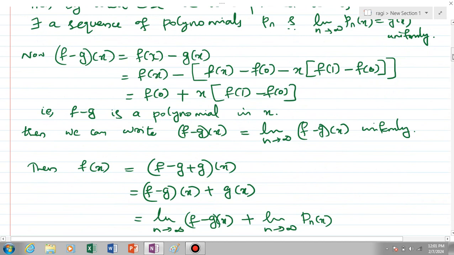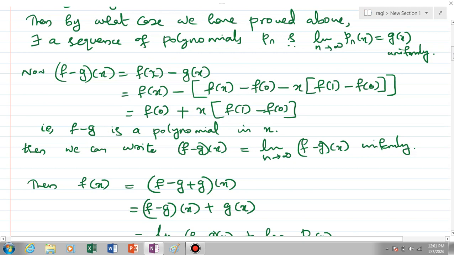So by the case we have proved above, there exists a sequence of polynomials Pn such that limit n tends to infinity Pn of x is equal to our function g of x uniformly on closed interval [0, 1]. If we check the function f minus g, we get (f minus g) of x equal to f of x minus g of x, that is f of x minus (f of x minus f of 0 minus x into (f of 1 minus f of 0)), which equals f of 0 plus x into (f of 1 minus f of 0).